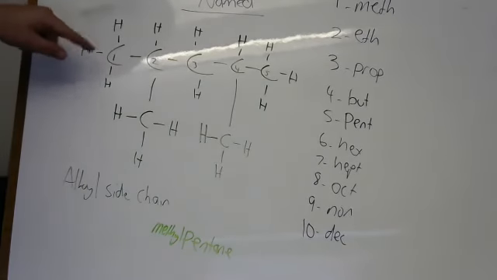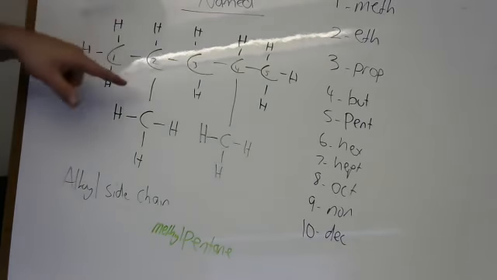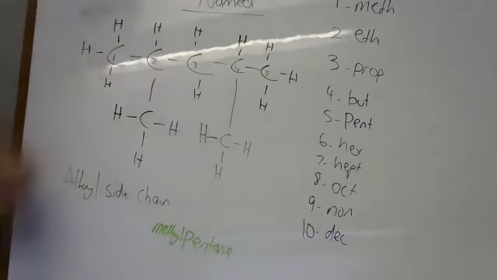We still count left to right because 2 and 4 are the lowest numbers.